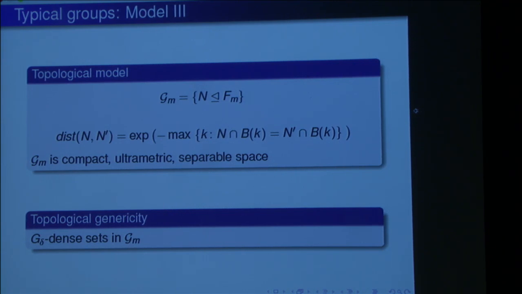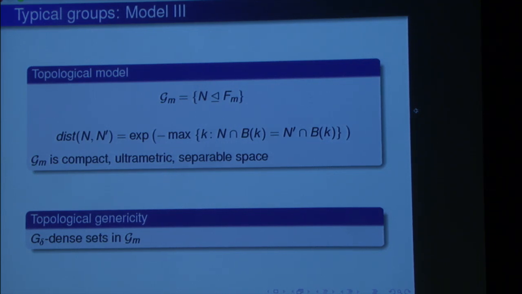Okay? When I consider the ball of radius k in this normal subgroup and this normal subgroup, they are actually the same. Then I say that the distance between these two normal subgroups is exponential minus a maximum such k.